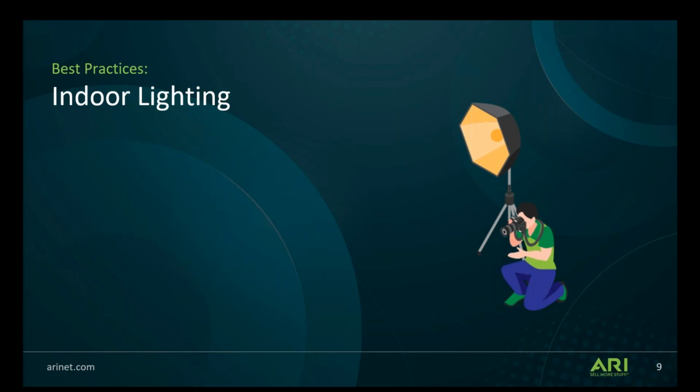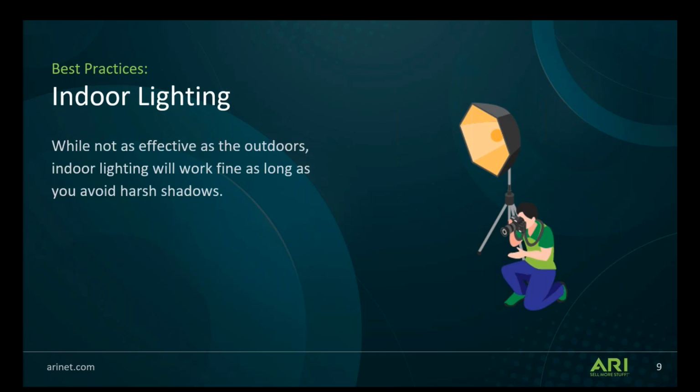Indoor lighting. Obviously, we said outdoor lighting is better, but let's say that because it is raining outside or there is bad inclement weather outside, indoor lighting is your only choice. These are recommended. So you want to avoid harsh shadows. The way to do that is to use a nice light that covers the entire unit. You want to use indirect light.